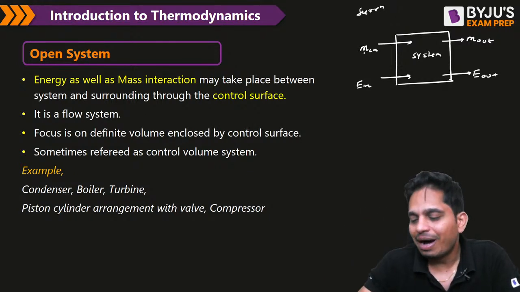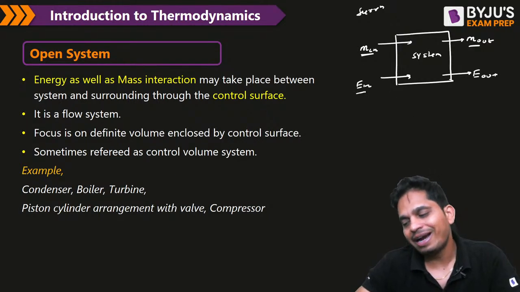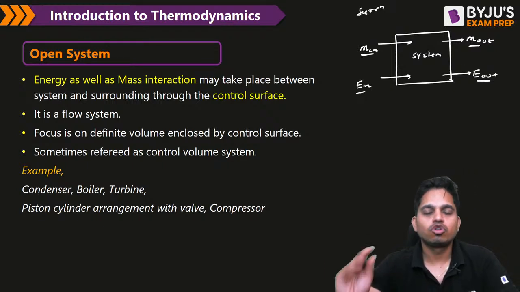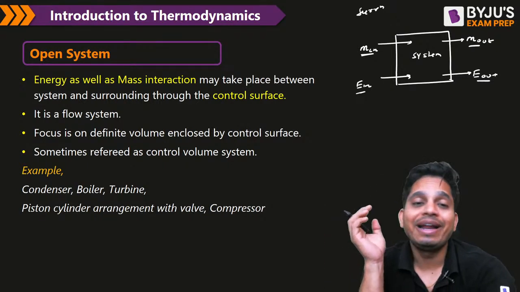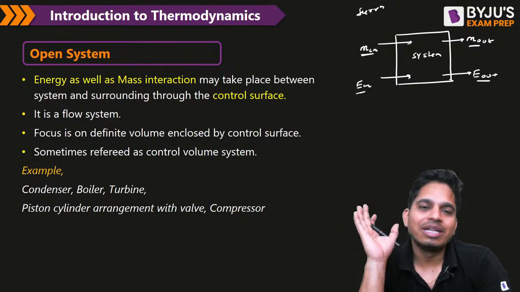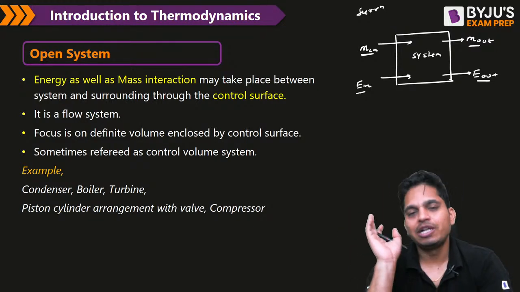That means mass can also flow inside, mass can also flow outside, energy can also flow inside, energy can also flow outside. So when both the interactions are allowed, mass as well as energy, then you can say it is an open system.